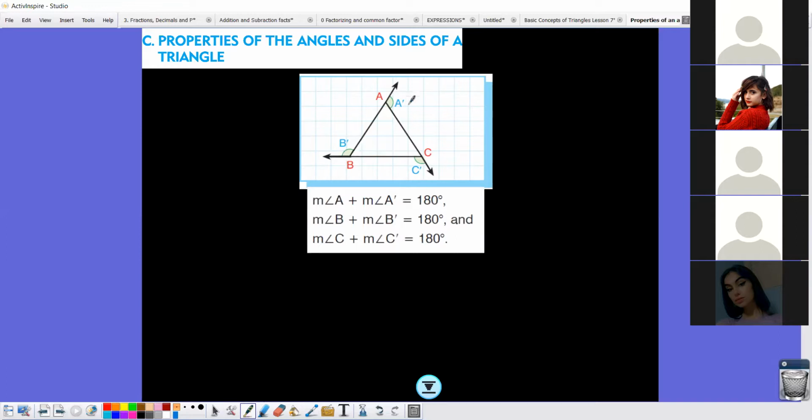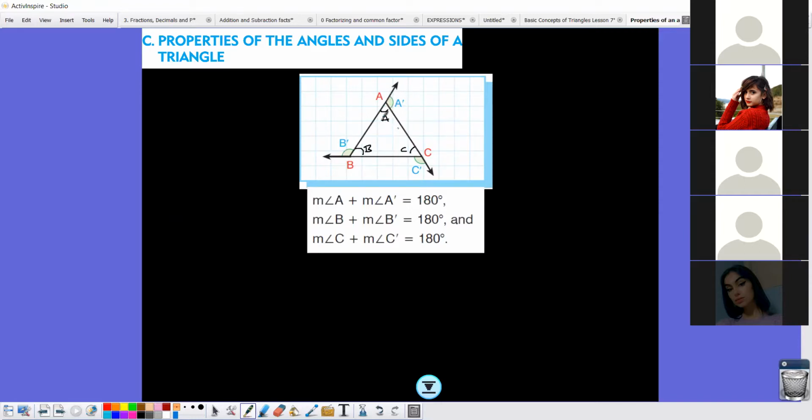We know this one also from the angles that we studied. Look, if the interior angles are A and B and C, the sum of one interior and exterior angle itself will be 180 degrees because they form a straight angle, yes?